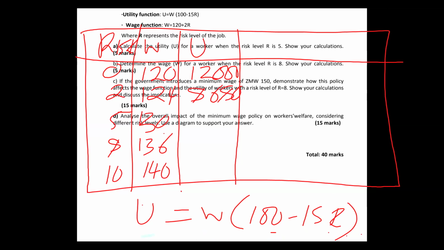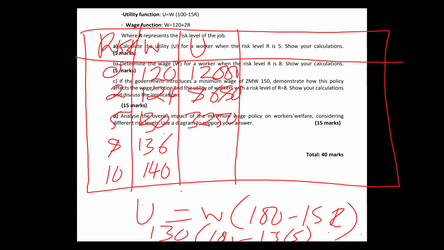When the wage is 130 times 100 minus 15 times the risk, which is 5 now. What is 15 times 5? 75. 100 minus 75 is 25, isn't it? 25 times 130 is 3,250.